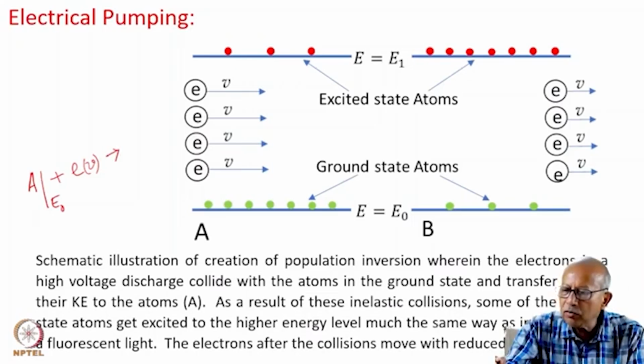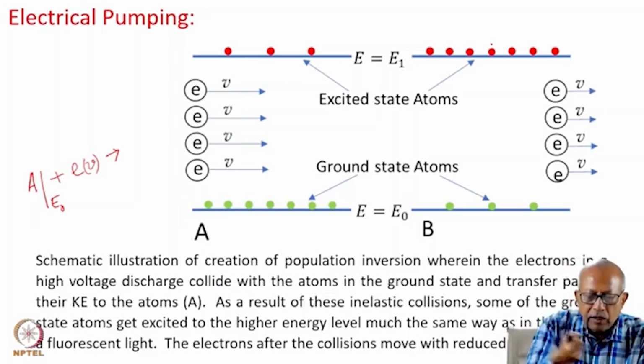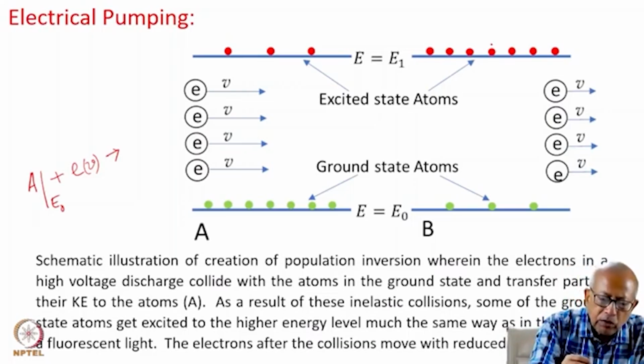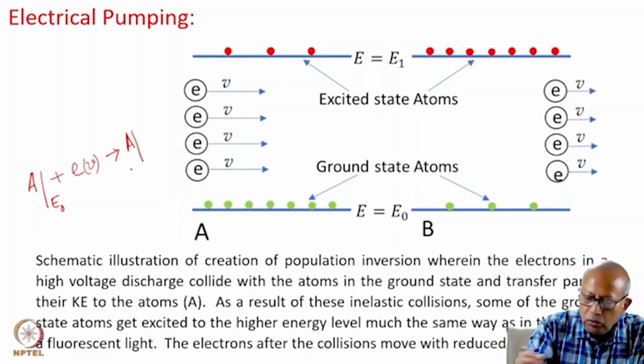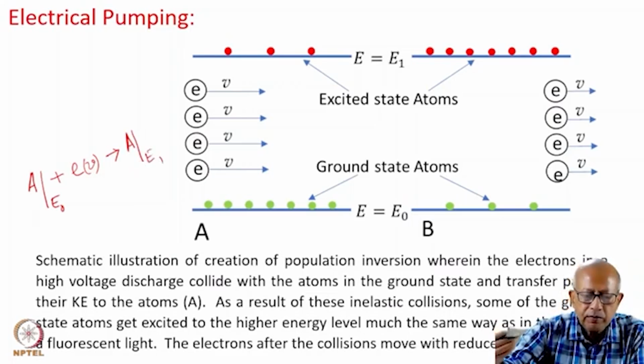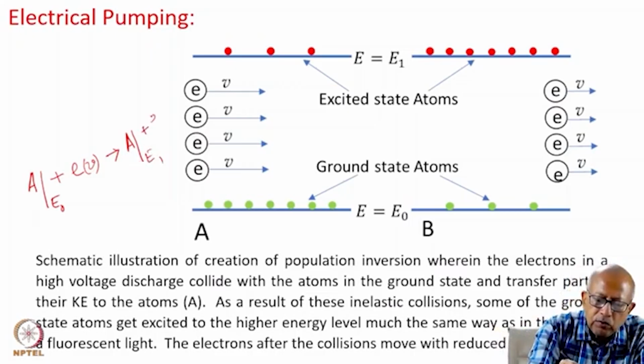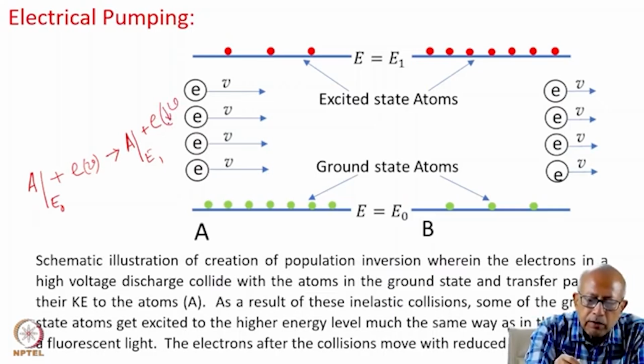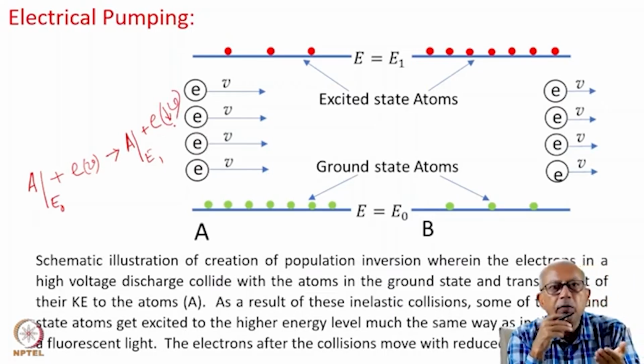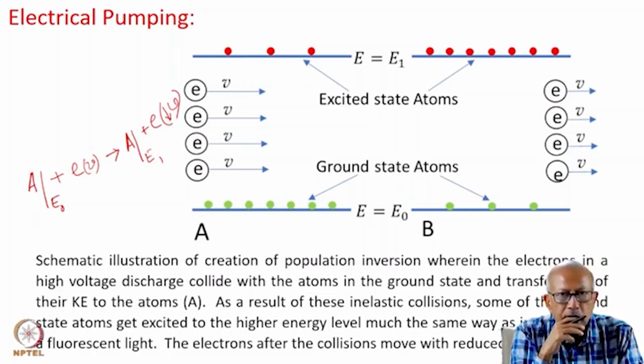The atom climbs to the excited state as a result of this energy transfer. So this brings the atom to the upper energy state, and the electron moves with a velocity which is less than v, because it has given part of its energy to the atom.